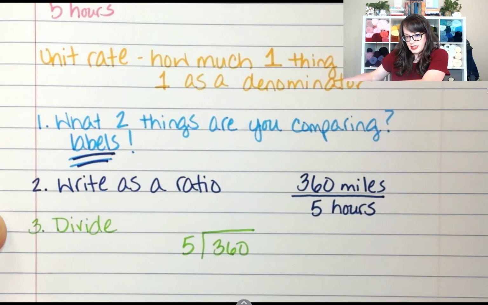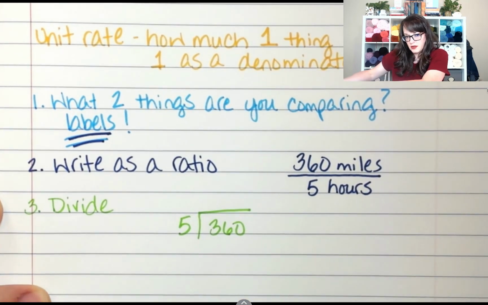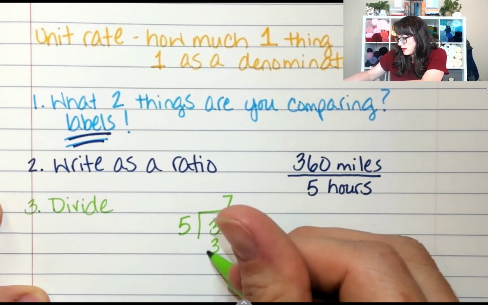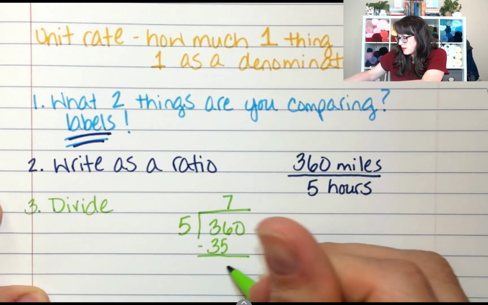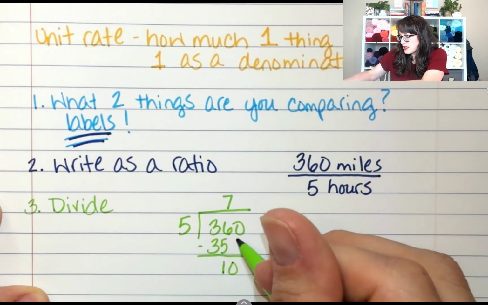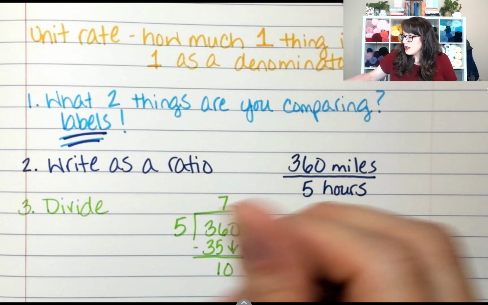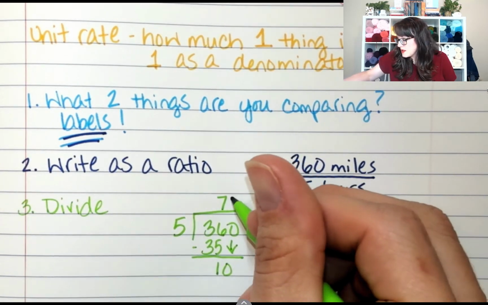5 goes into 36. How many times? 7 times. That'd be 35. Subtract. Bring down a 0. And 5 goes into 10. 2 times.